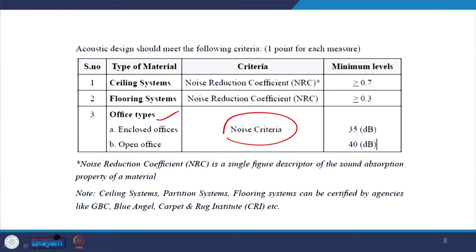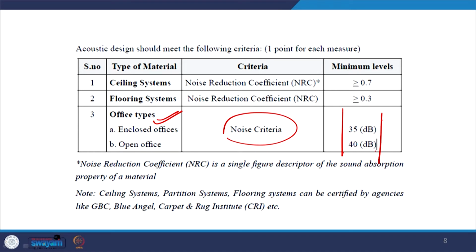Now, when we are talking about the acoustic comfort, we are talking about the sound levels which are present inside the building largely, and that will be dependent upon the type of materials which are being used in the building envelope as well as the interiors. So, what we have to do is we have to ensure that the noise criteria, especially for say office types, is contained within the desired limits, desired levels.